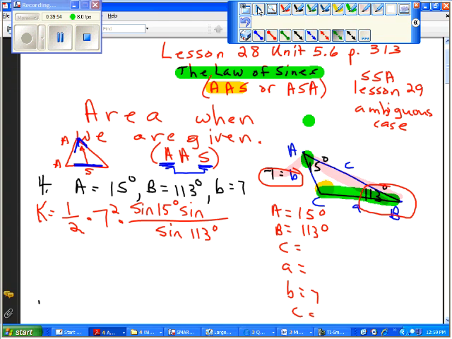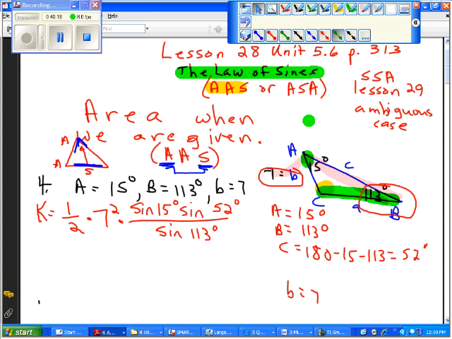We're trying to find the area. Forget that. Sorry I did that. We'll go ahead and find C, though. Okay, C is 180 minus 15 minus 113, which is 52 degrees. So we needed to find our angle C so we could put it right here, 52 degrees.